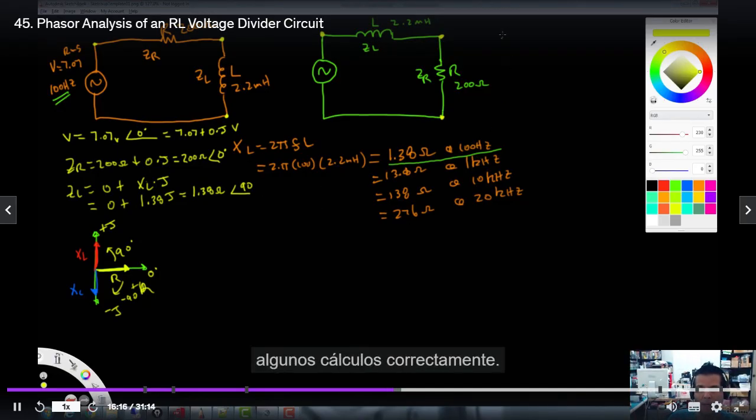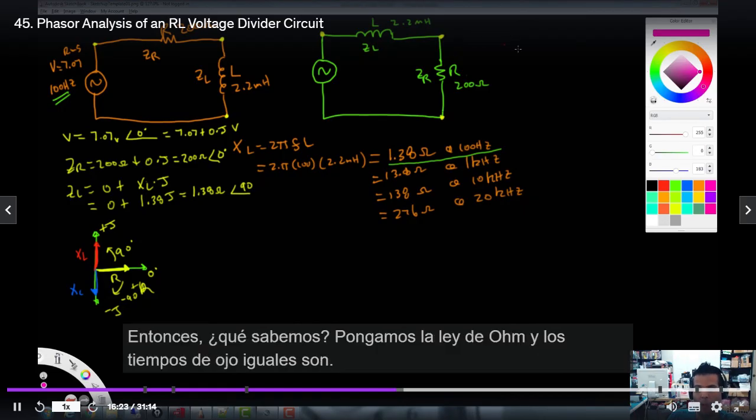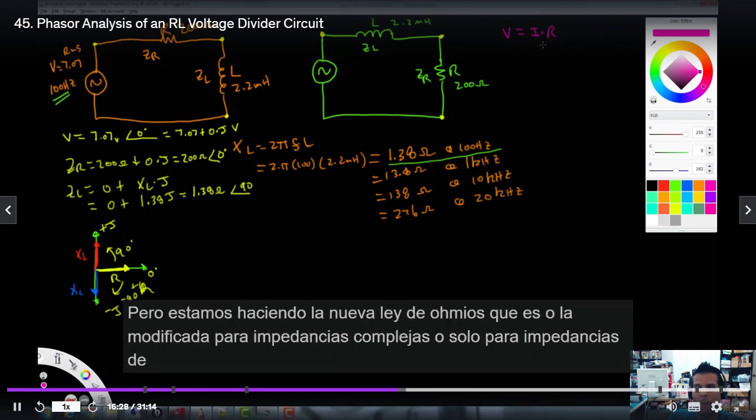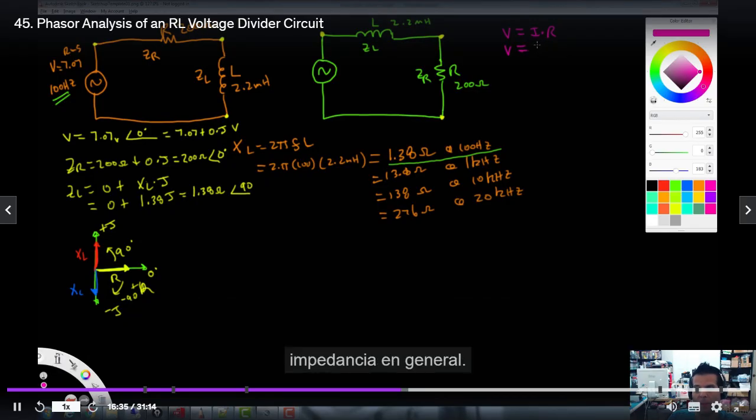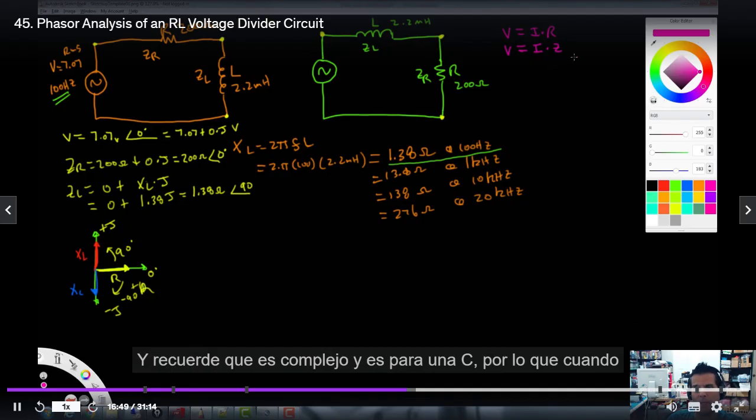So now let's start doing some calculations. Let's put some of our famous pieces of information up here. What do we know? Let's put Ohm's law, V equals I times R, but we're doing the modified one for complex impedances. And remember, impedance is the opposition to change in current, change in voltage, and it's complex, and it's for AC.